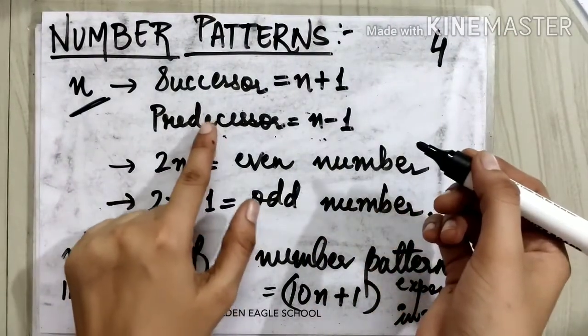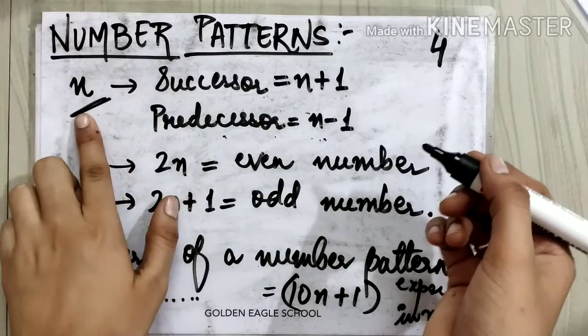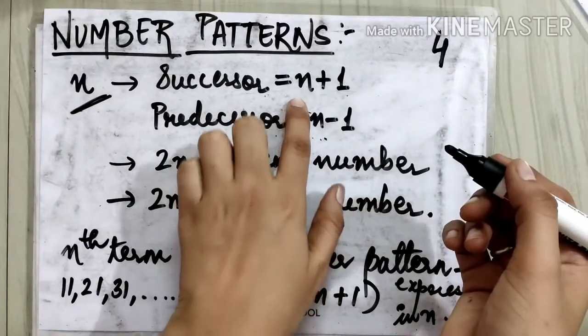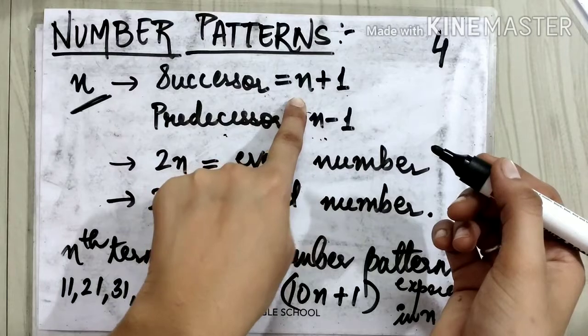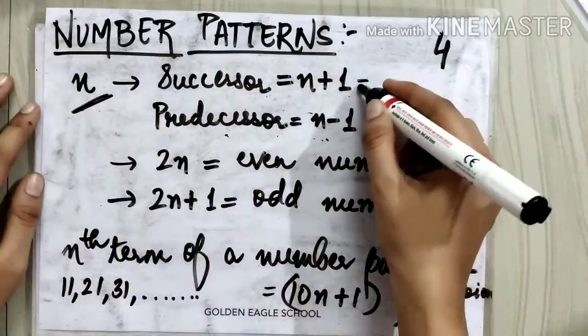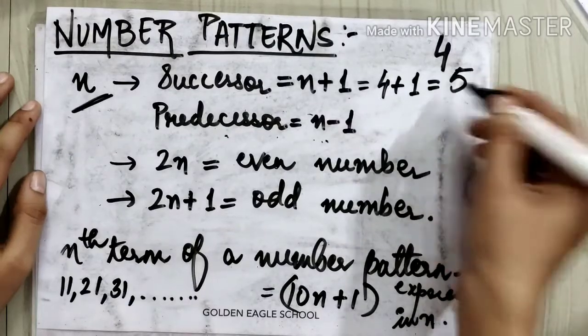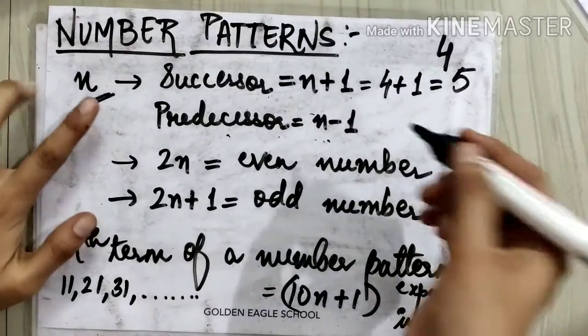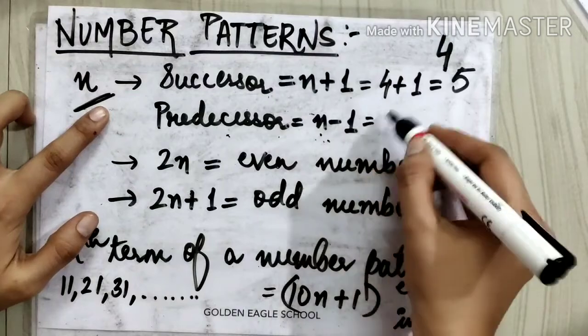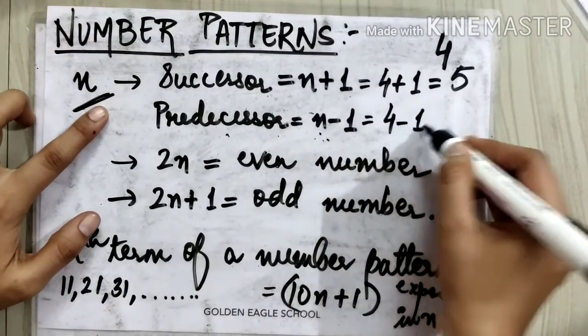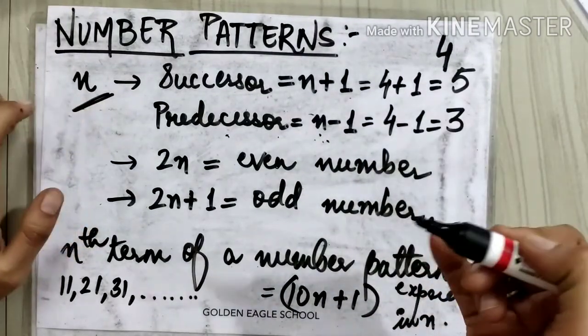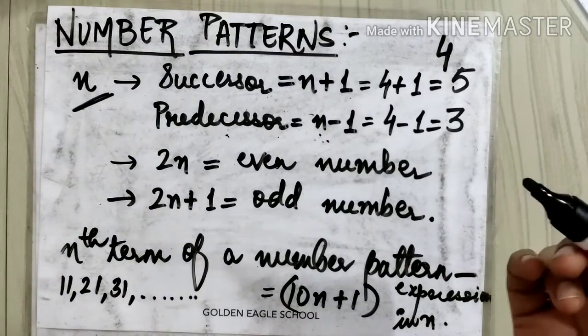The successor of 4: in the place of n, we place 4. That means this will be 4 plus 1. So, the successor of 4 is 5. In a similar manner, the predecessor is 4 minus 1, that is 3.